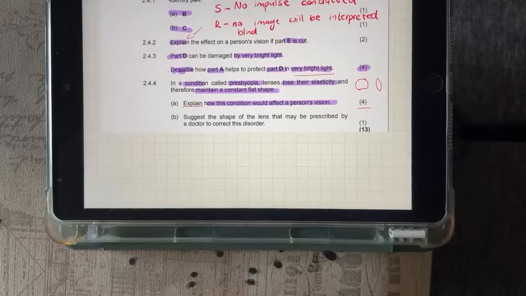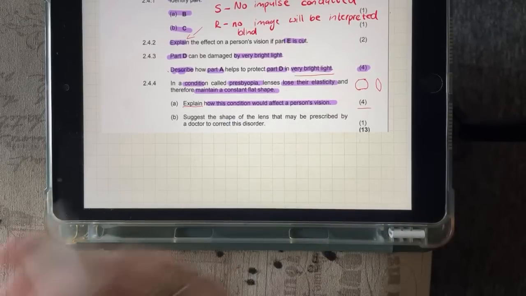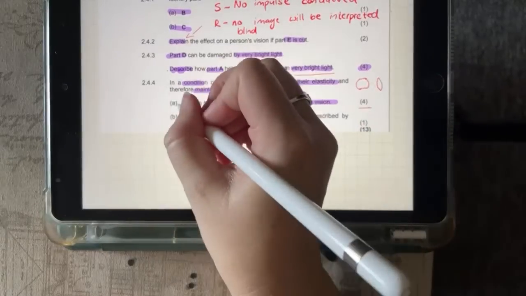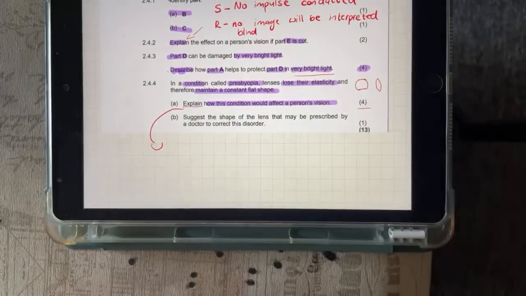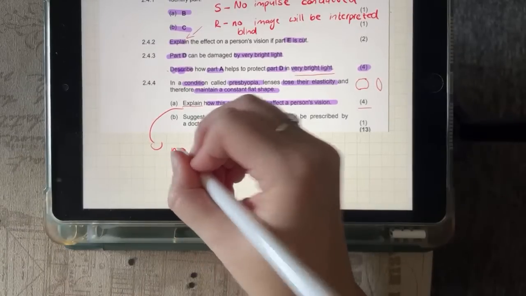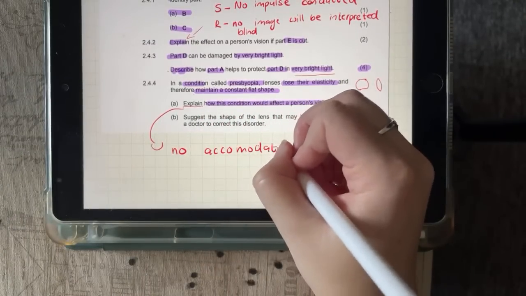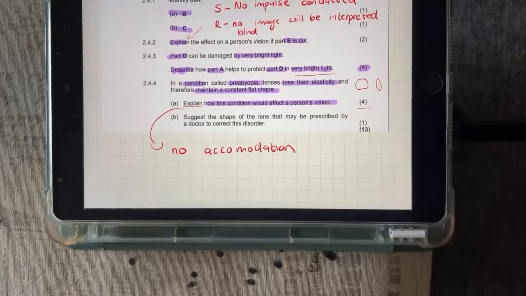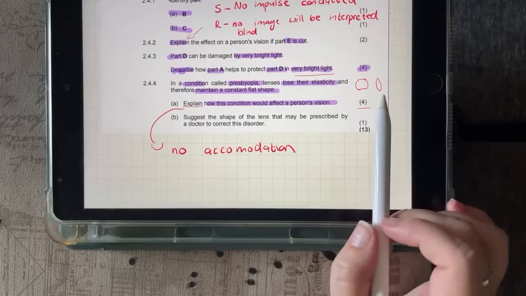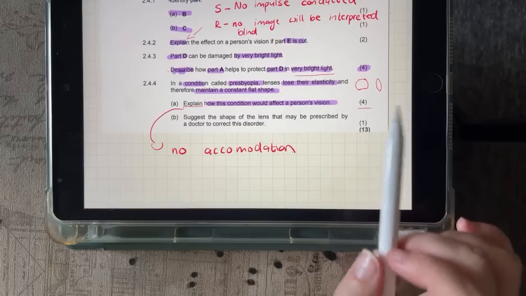Everyone is saying accommodation. Yay! So instead of saying accommodation in the positive, you are actually going to have to give the negative answer, which means there will be no accommodation. All right? And because there is no accommodation for this particular person, they won't be able to change the shape of their lens, which is, of course, problematic.